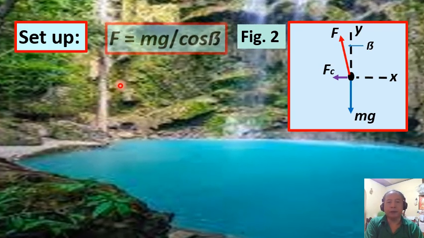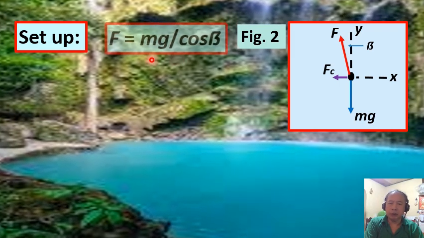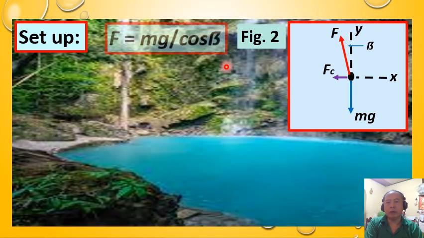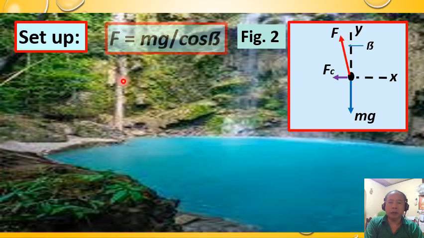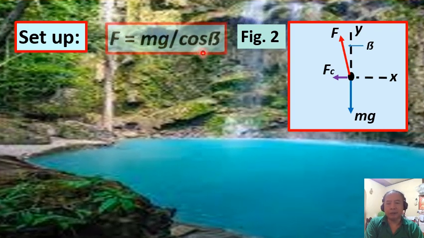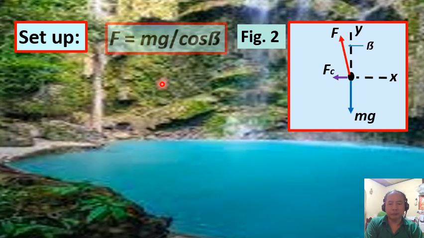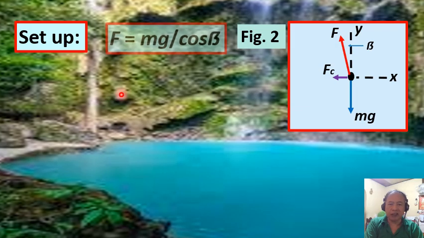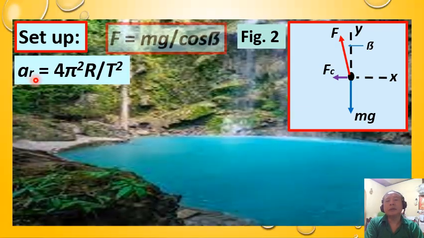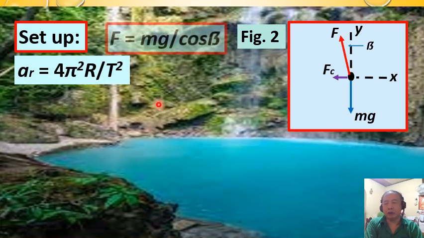The equation for the tension force F, which is equal to mg divided by cosine of the angle beta, is one of the formulas that we need in answering our questions. And moving on with our derivation for the other quantities, we have this equation for the radial acceleration of a body in uniform circular motion.